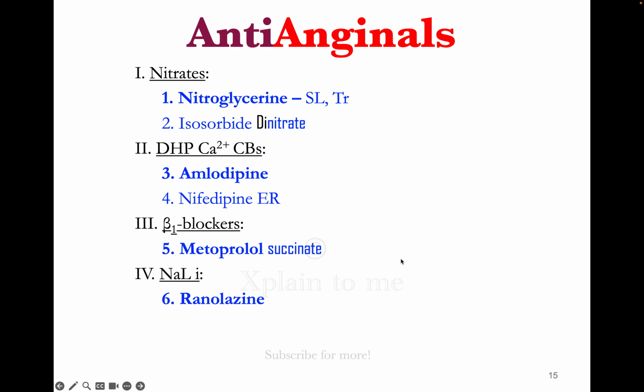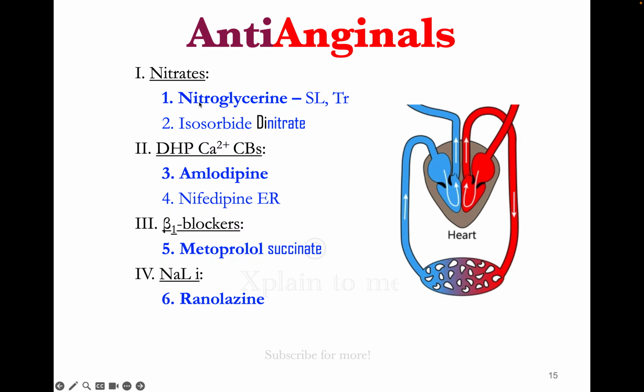Okay. First 2 classes of drugs are targeting the blood vessels, nitrates and dihydropyridine calcium channel blockers. Nitrates are targeting the veins mainly. Of course, both the arteries and veins can be dilated by the nitric oxide produced from nitrates.